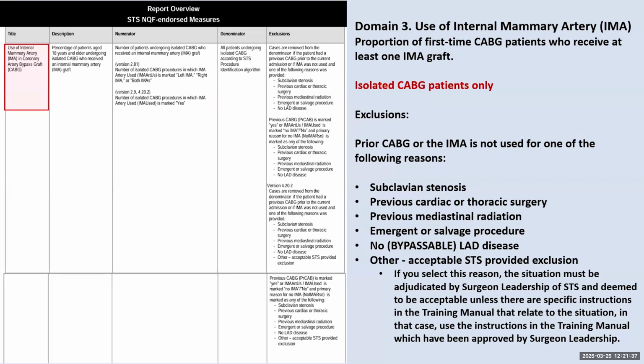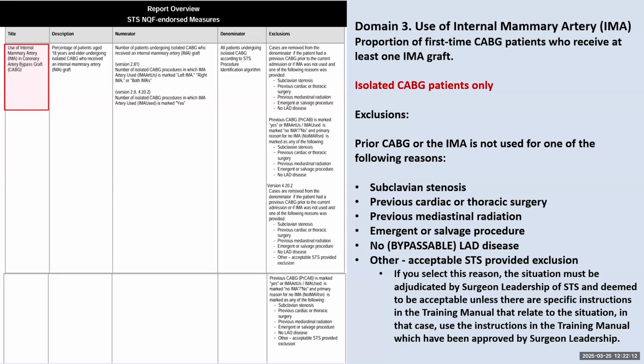And as you can see, not only do we have the information and the analysis overview for the domains, but we also have very detailed information in the process and outcome document. The process and outcome document is located on the STS website. When you get to your training manual, just scroll down for additional resources and you'll find it there.